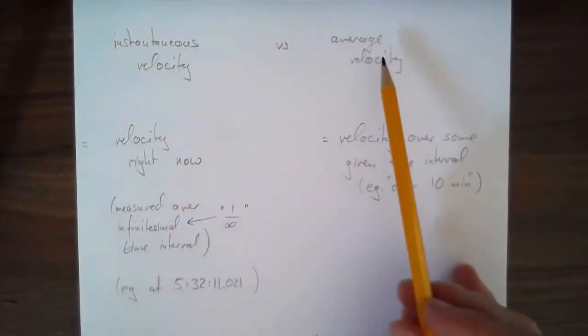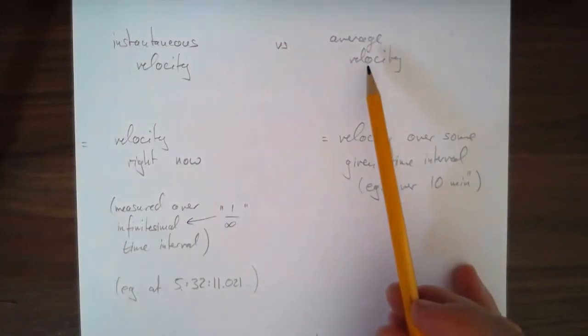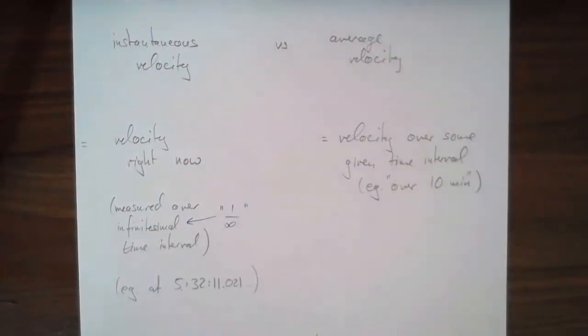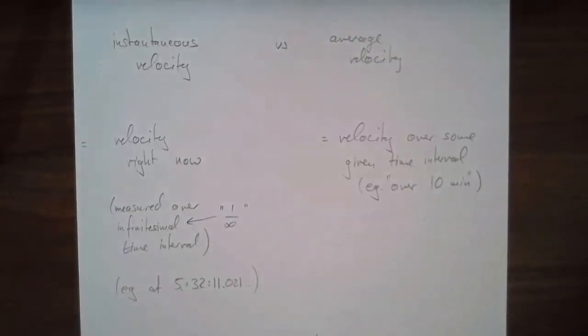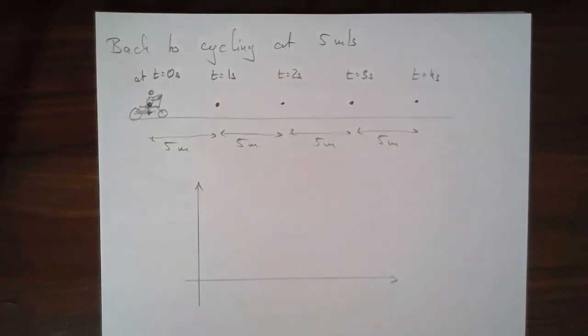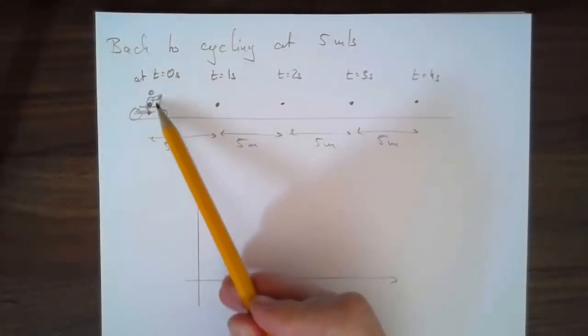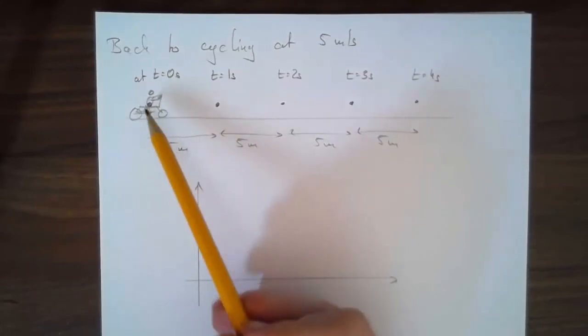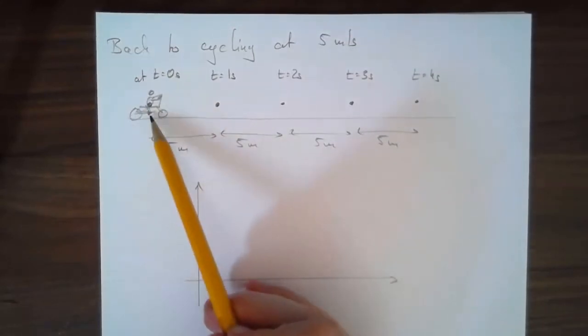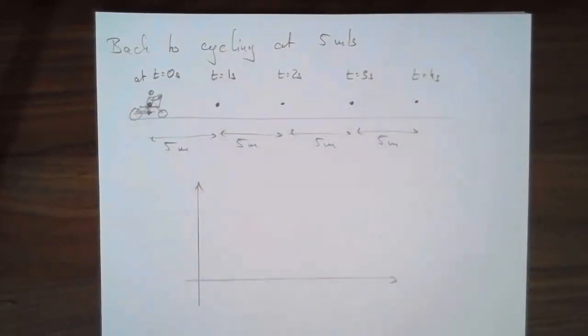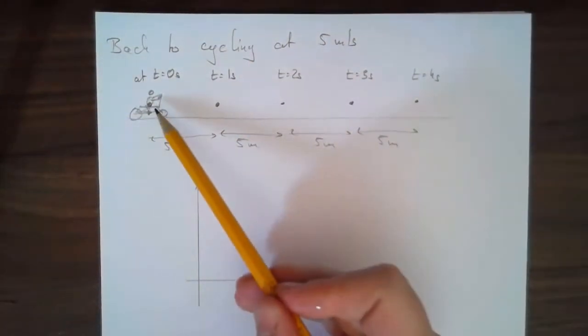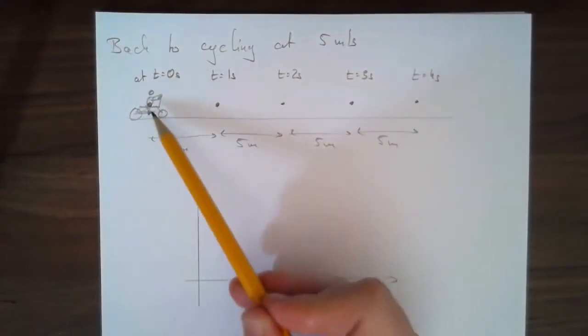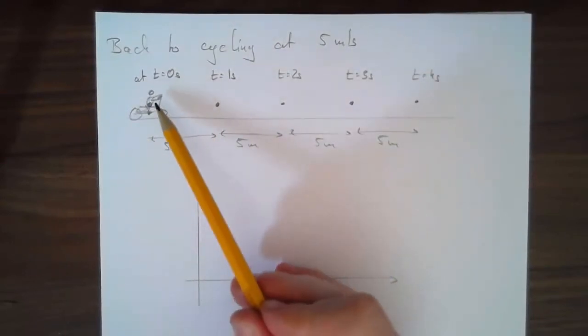Instantaneous versus average velocity. Now let's see what all of this looks like when we try to illustrate it on a graph. Let's go back to our previous example where we're cycling along. So here's me cycling, and maybe at some instant in time I am cycling past this point here, the way I've drawn it. And at this instant, you standing next to the path, you start your stopwatch.